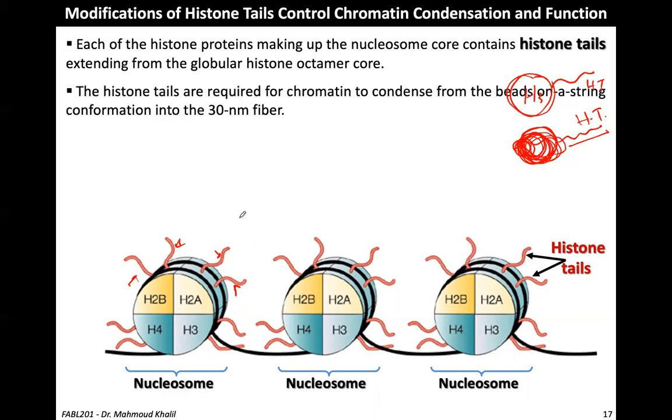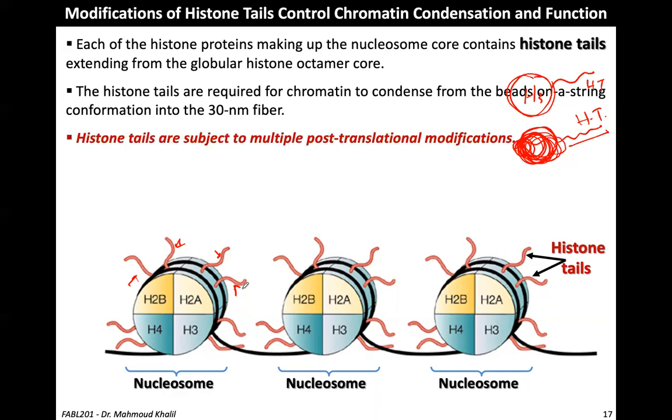The histone tails are very important, and they control the condensation of the chromatin around the gene in order to open or close a gene, to enable the expression or the downregulation of a gene. This histone tail is a subject of multiple post-translational modifications.